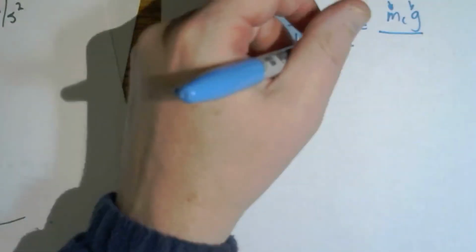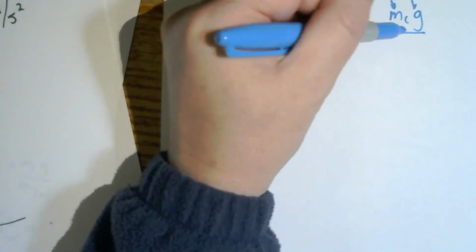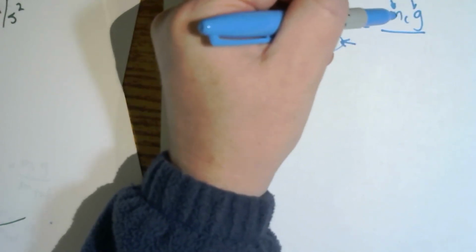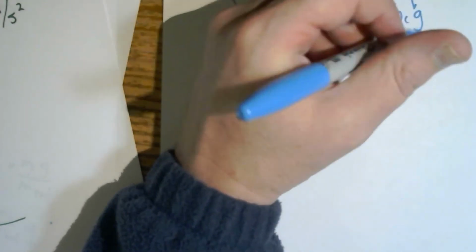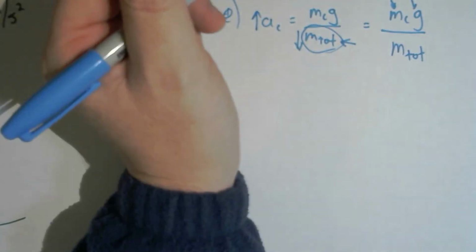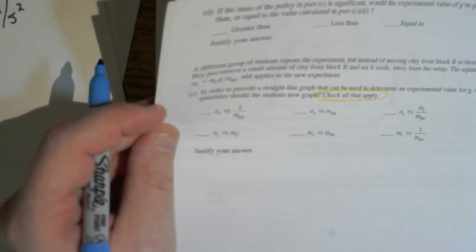So now the question is, what are we going to graph? Well, I don't want to graph anything that has a constant in it. So I can't include the mass of the block C, and I can't include G. But I can include a total mass term, right? So what I'm going to choose out of this list is anything that has mass total in it.